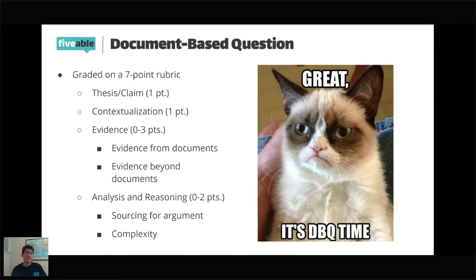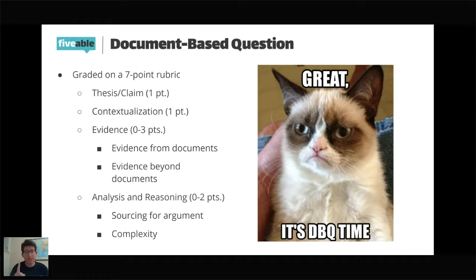Evidence, using evidence from documents: whether or not you demonstrate that you understand and use relevantly 3 documents gets you 1 point. If you support your argument with at least 6 of the 7 documents, you would get a 2nd point for evidence. And if you do that, then you automatically get that 1st point. And then you also need to bring in evidence beyond the documents.